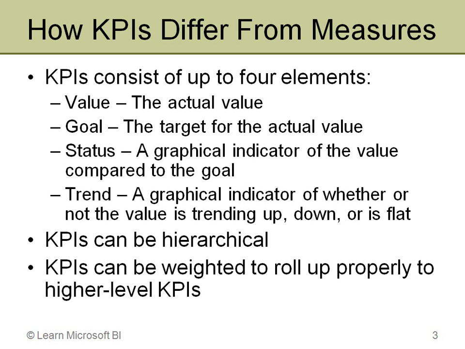So we'll talk about this value and goal, and then you have what is called a status, which is how did you do? How was your value compared to your goal? And we'll look at it with a graphical indicator. There are many different graphical indicators, and I'll show you that. But there's also a formula behind it that determines the state of that graphical indicator. So for example, if you have three colored lights, much like the stoplight that we use here in the US, and I know is used in other places in the world, but here it's red, yellow, and green.